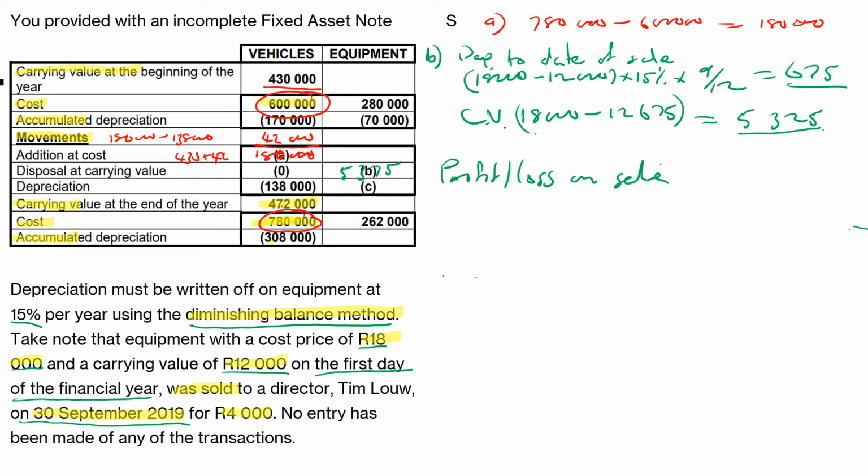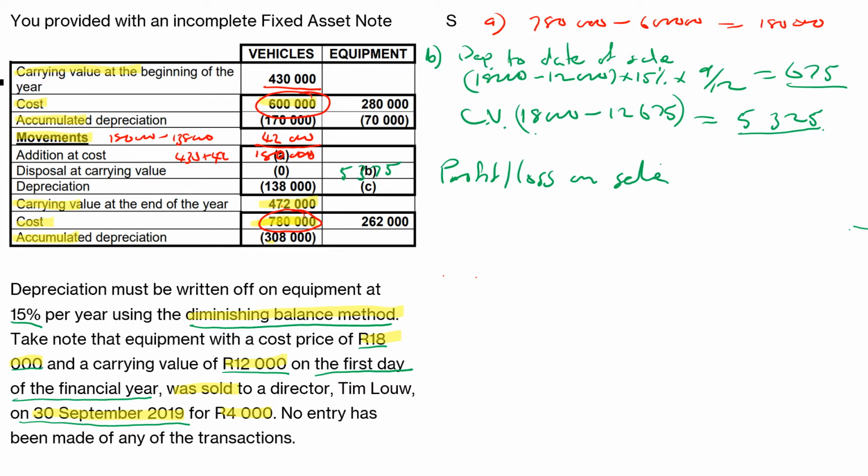Profit or loss on sale comes in when the asset is sold for a particular price. So if it's a loss, that means the asset was sold below the carrying value. That means the selling price was below the carrying value. If there was a profit, that means the asset was sold above the carrying value.